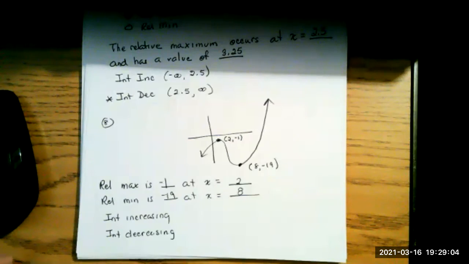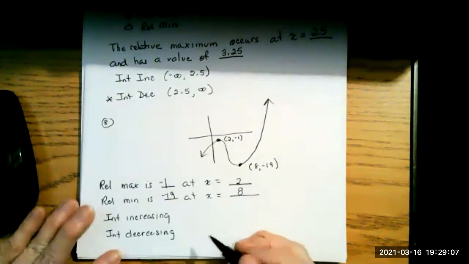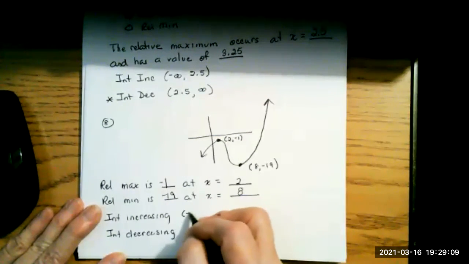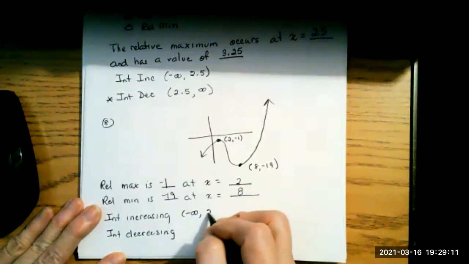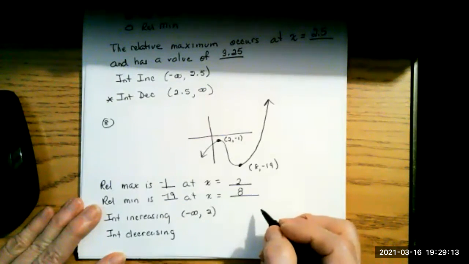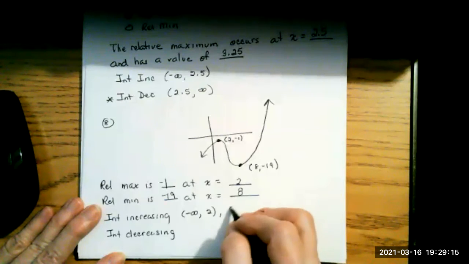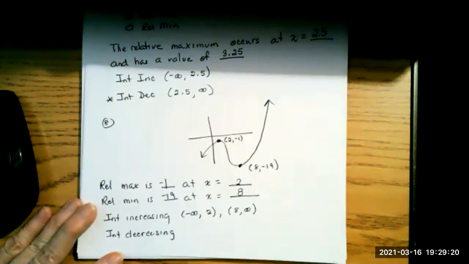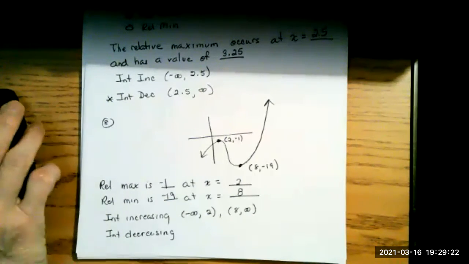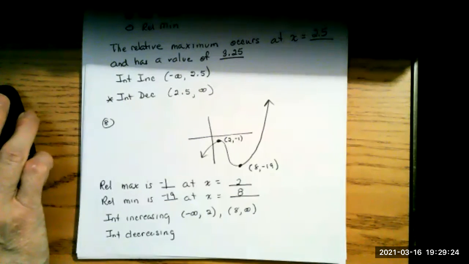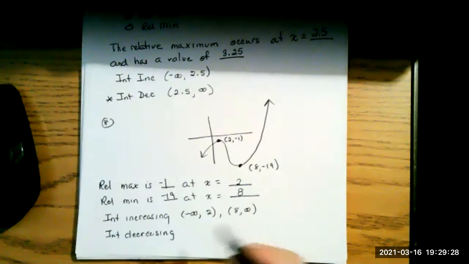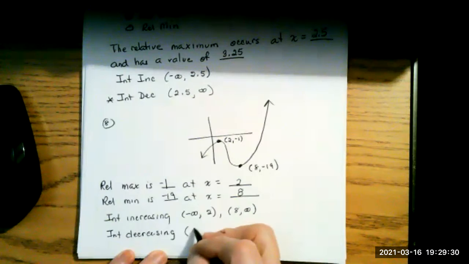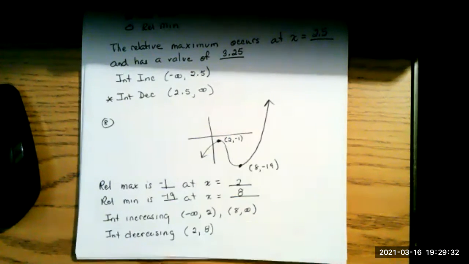Yes, ma'am. Increasing is -infinity to +2, and 8 to +infinity. Good job. Okay, so what is decreasing? Anyone know what the decreasing area is? The middle area, 2, 8. Yep, that's it. Good job.